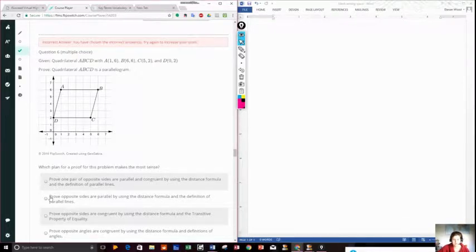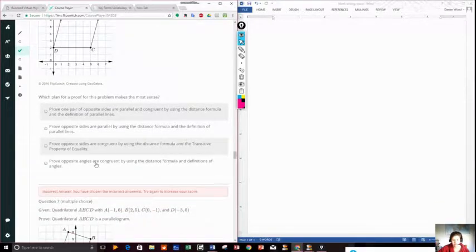Prove opposite sides are parallel by using the distance formula and the definition of parallel lines. Prove opposite sides are congruent using the distance formula and the transitive property of equality, and prove opposite angles are congruent by using the distance formula and definitions of angles.